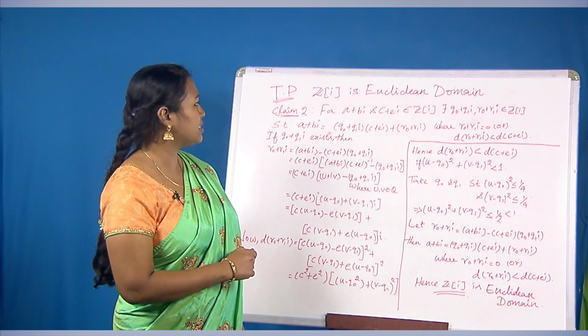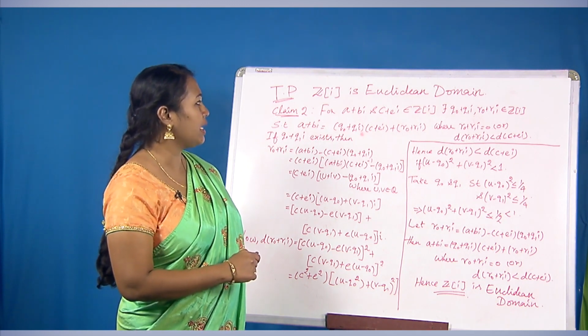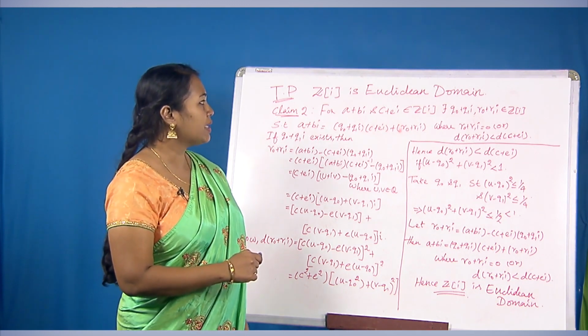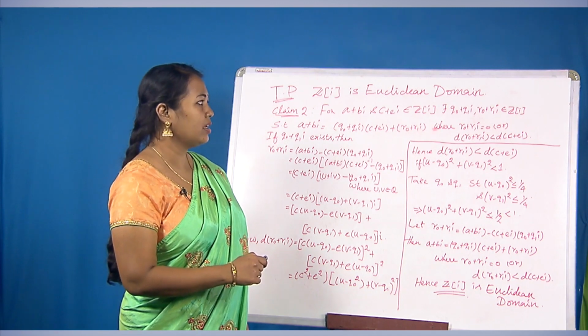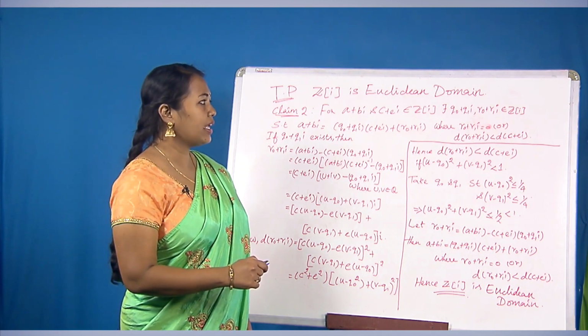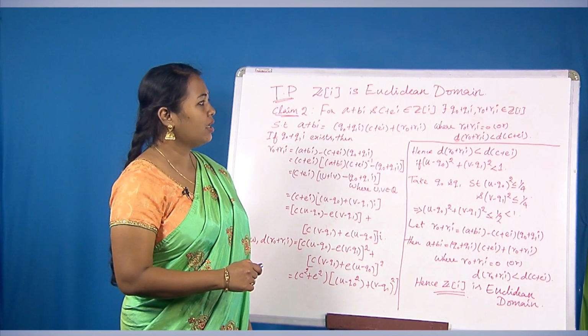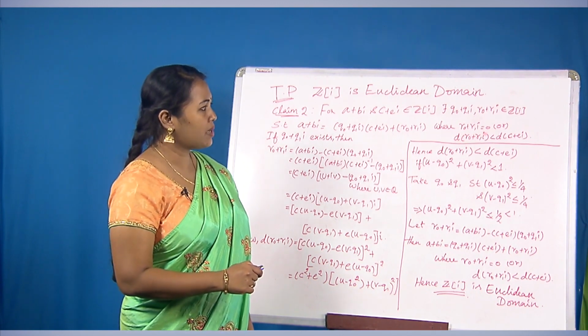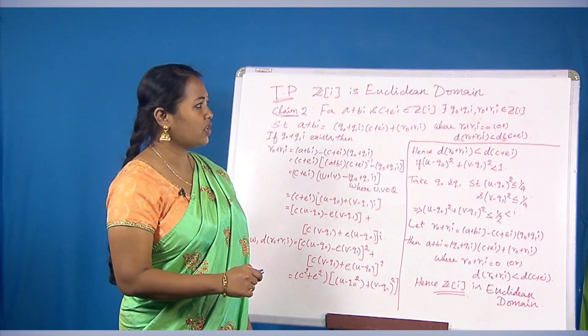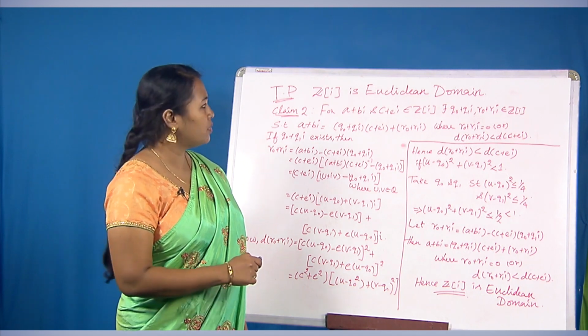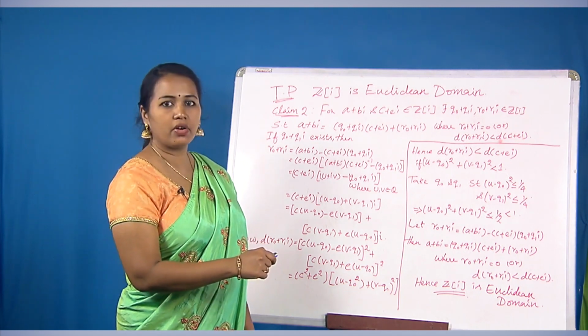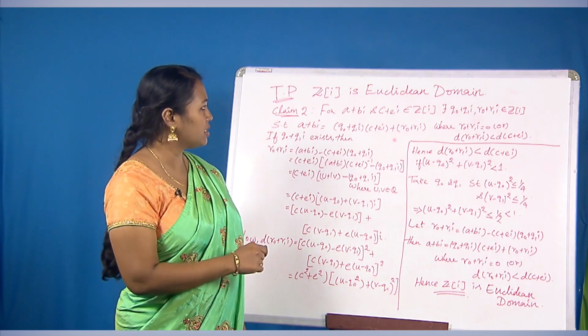So, a plus bi is equal to (q naught plus q1 I) times (c plus ei) plus (r naught plus r1 I), where r naught plus r1 I can be 0 or it can be of this form: d of (r naught plus r1 I) is less than d of (c plus ei). Now, this is clearly the division algorithm condition. So, we have to prove this.